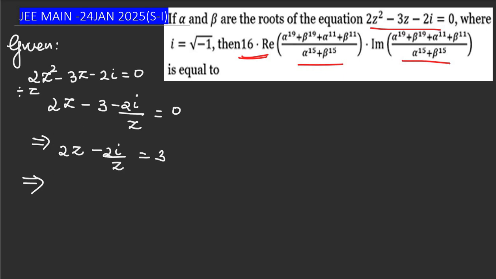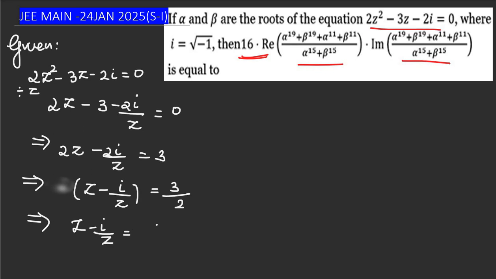Simplifying, z minus iota by z is equal to 3 by 2.